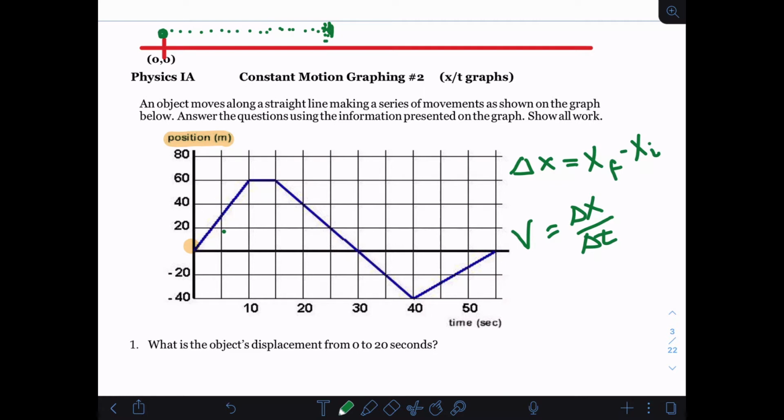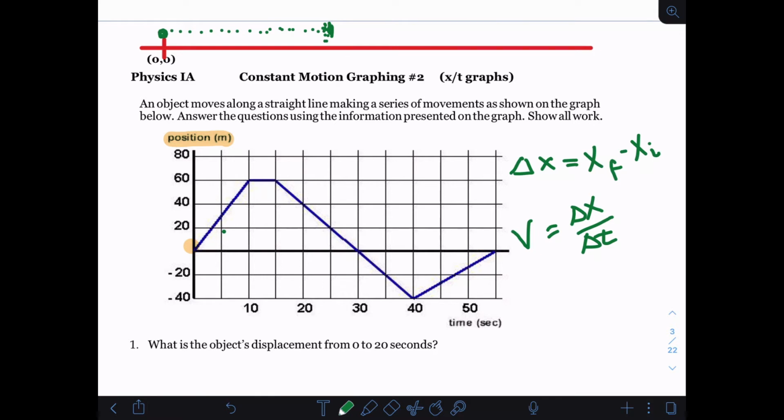Now from 15 seconds to 30 seconds, look at what happens. On the blue line here on the position time graph, we are seeing that we are moving closer and closer towards the origin again. So our position is getting less and less from 60. We're at 50, 40, 30, 20, 10, 0. So that would be shown on the little number line above as such.